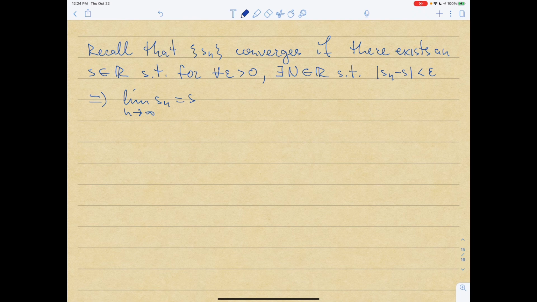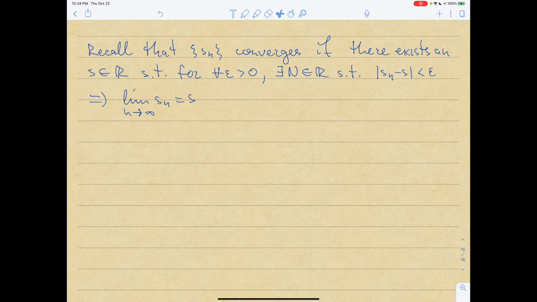If I think about this definition, then one, not really a problem, but deficiency: if you want to prove convergence by using a definition of a limit, you have to know what S is, right?